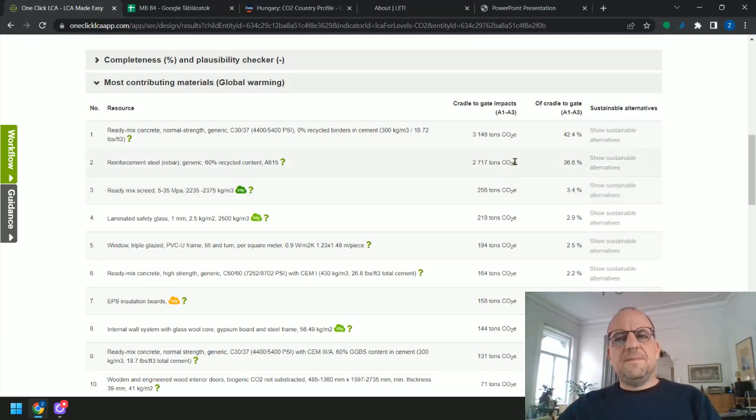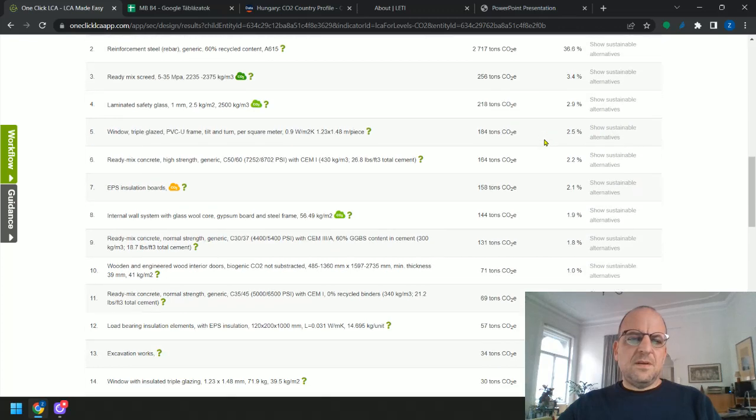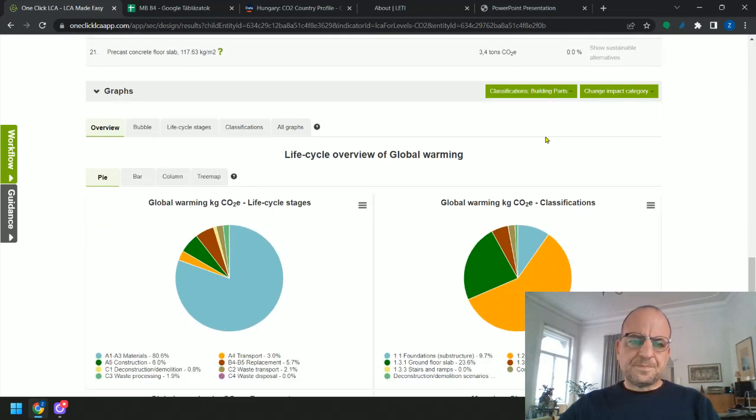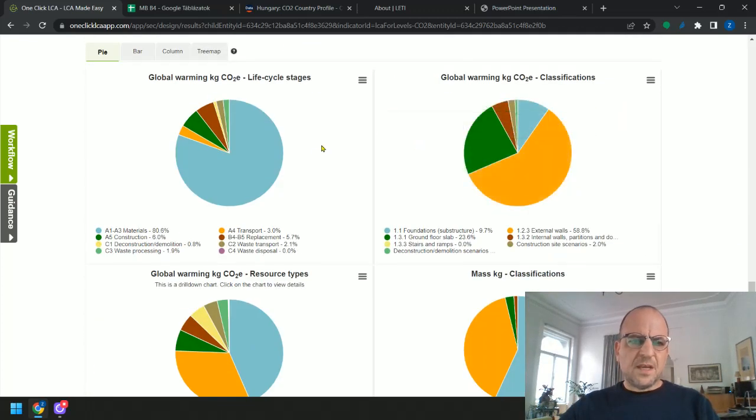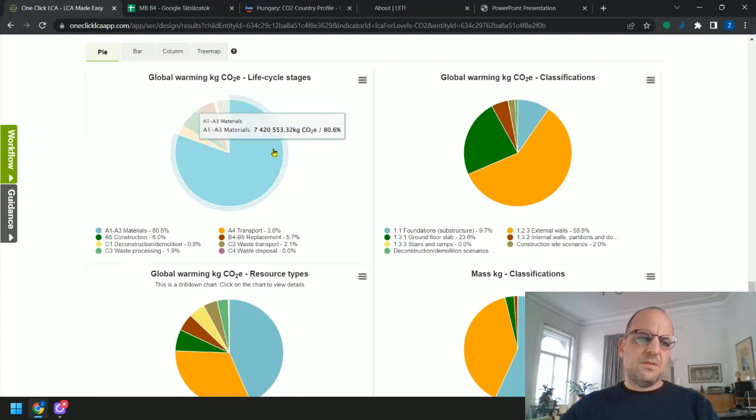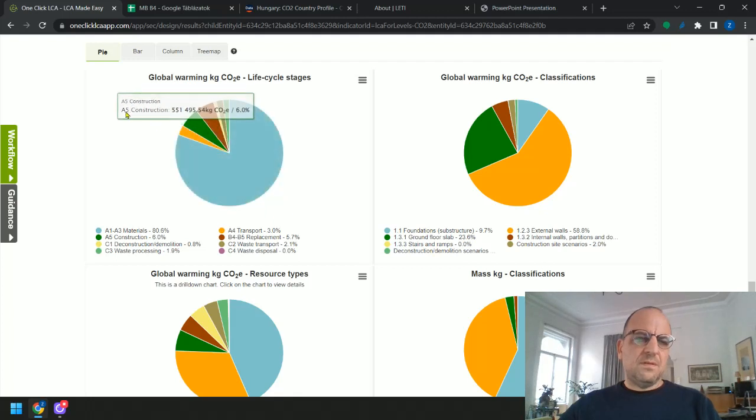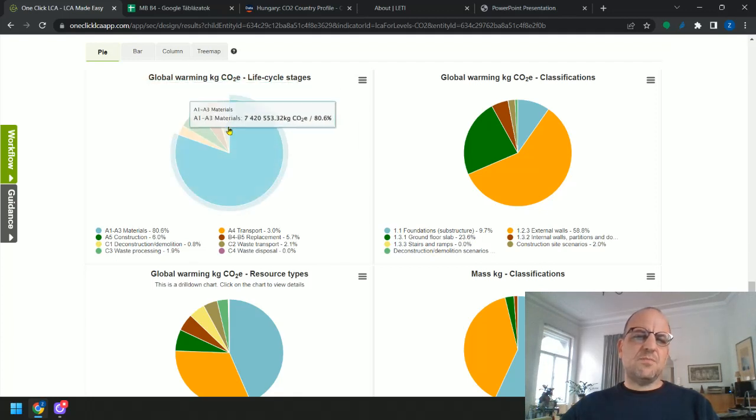Here you can see some diagrams. The construction materials account for 80% of the carbon emission. All the other parts like construction, demolition, waste processing, transport, all this stuff, are just about 20%.